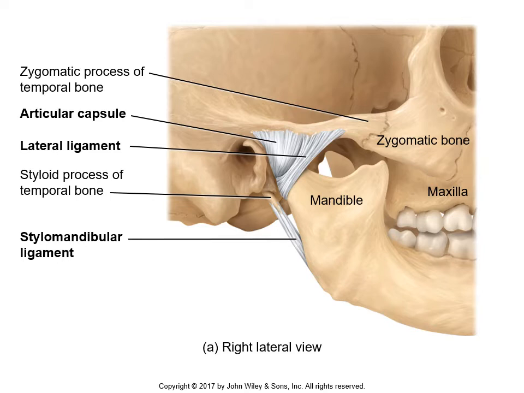As I mentioned, the zygomatic process of the temporal bone, we're attaching along this structure right here. We see something called the lateral ligament. There's going to be a number of different ligaments which are going to support the temporomandibular joint.